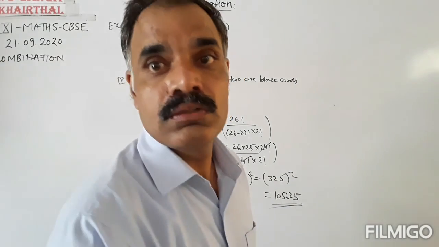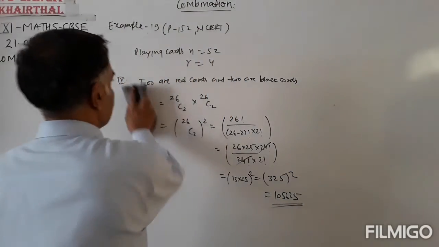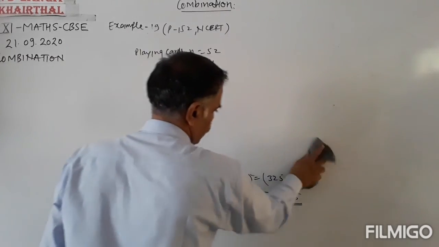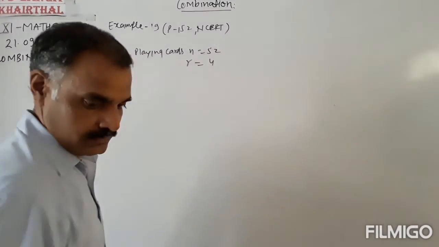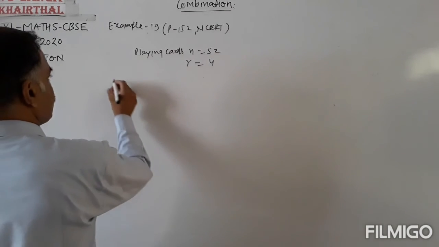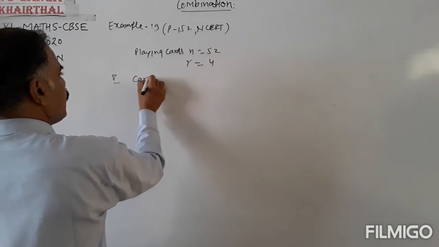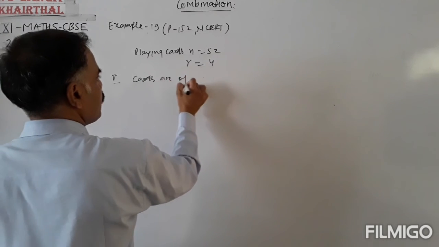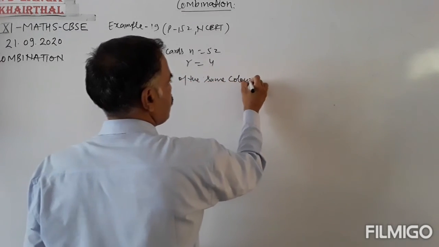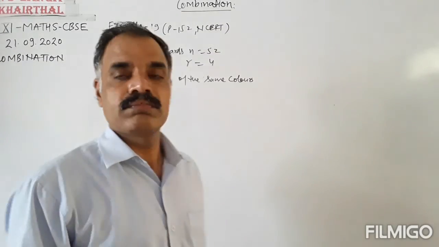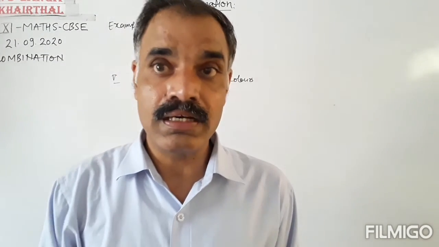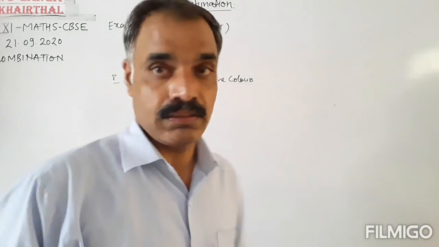Now the last part, the fifth part of this question, is cards are of the same color. That means 4 cards either from red cards or from black cards.